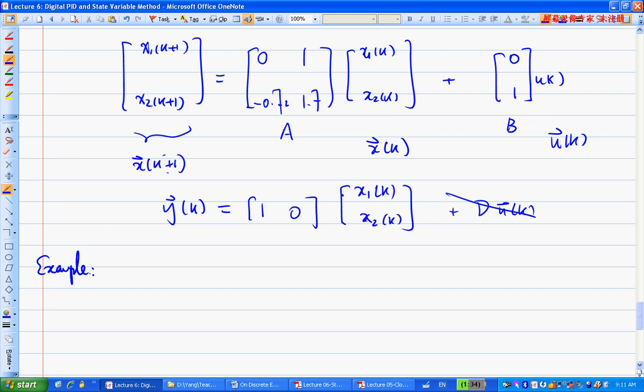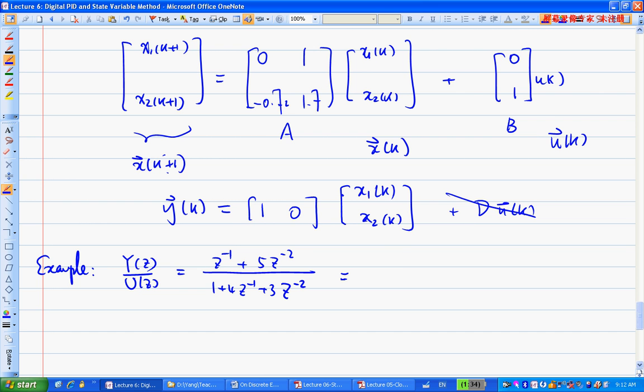Okay, so I'm going to show you a slightly different way of obtaining a state space model. Here we have a Z transfer function, which is in DSP format.